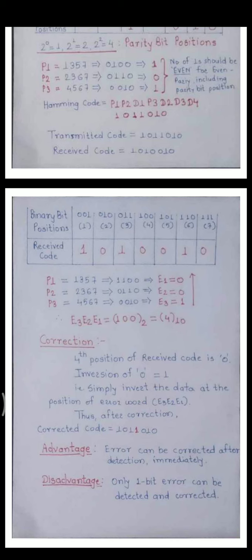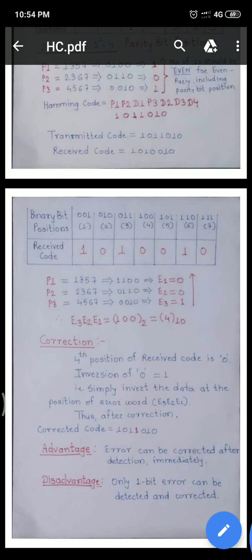So write down the data as 100 binary, that is 4 in decimal, and we have found the error bit position as 4. You can see the transmitted code has the data 1011010 and the received code is 1010010. The fourth position has an error in the received code, which becomes 0.